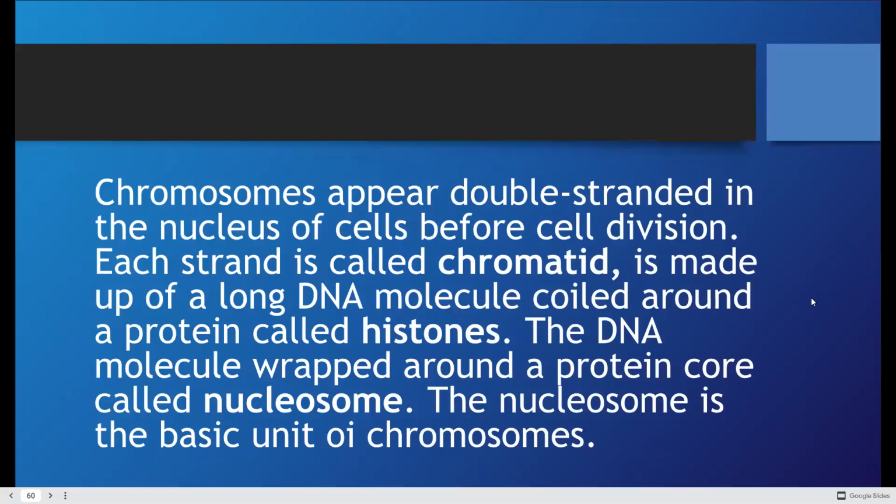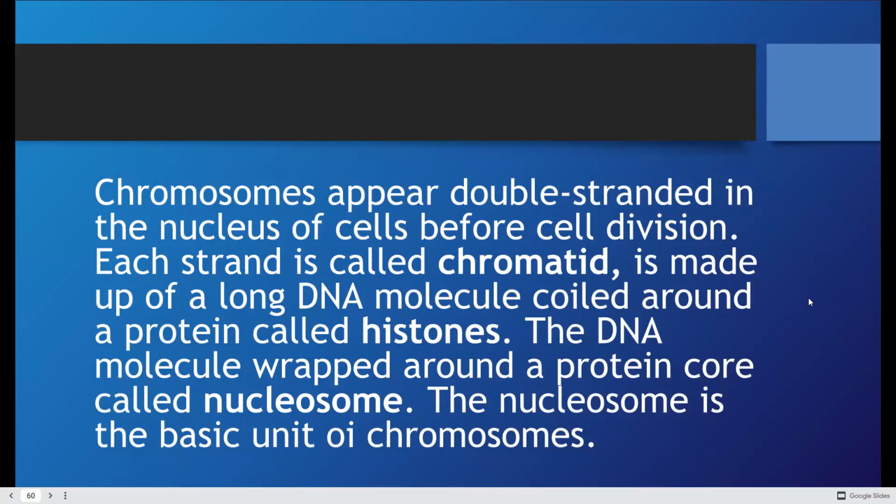Chromosomes appear double-stranded in the nucleus of the cell before cell division. Each strand is called a chromatid, or sister chromatids. It is made up of a long DNA molecule coiled around proteins called histones. The DNA molecule wrapped around a protein core is called a nucleosome.